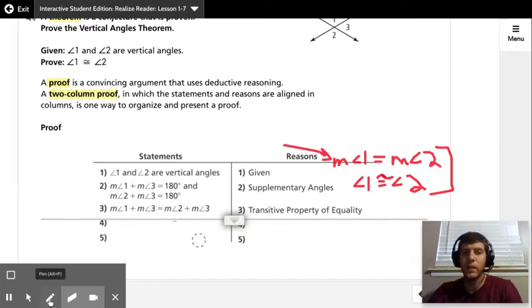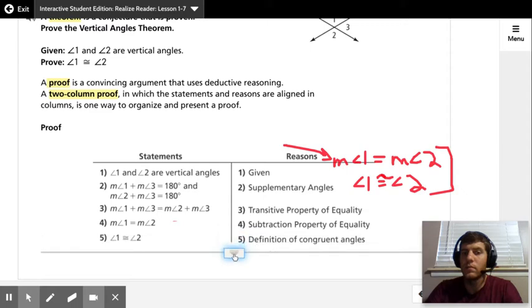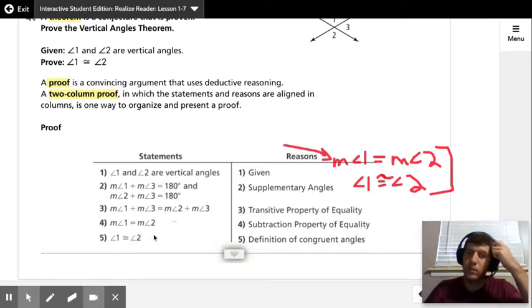That's the subtraction property of equality. You subtract them from both sides. Then, once we know they're equal, we know by the definition of congruent angles that congruent angles have the same measure. We can therefore conclude that our angles are congruent.